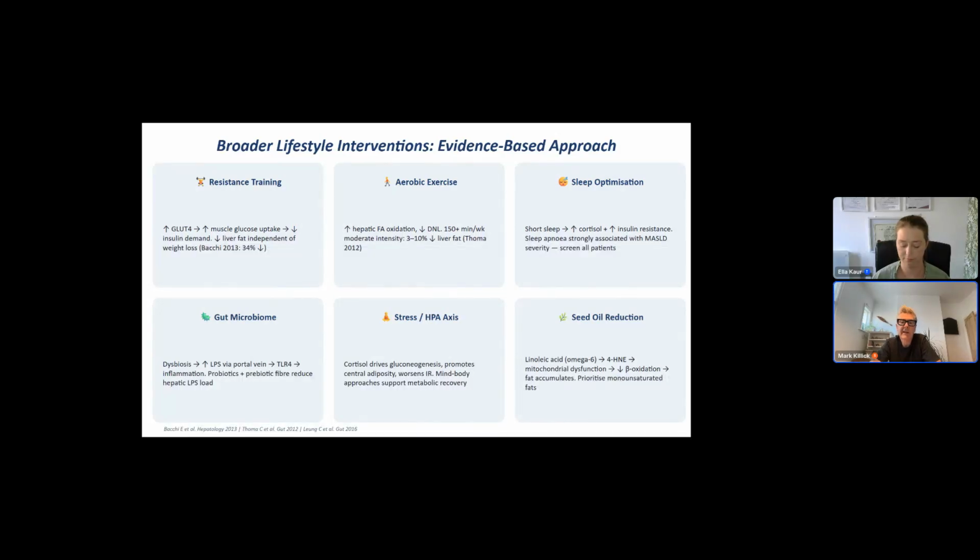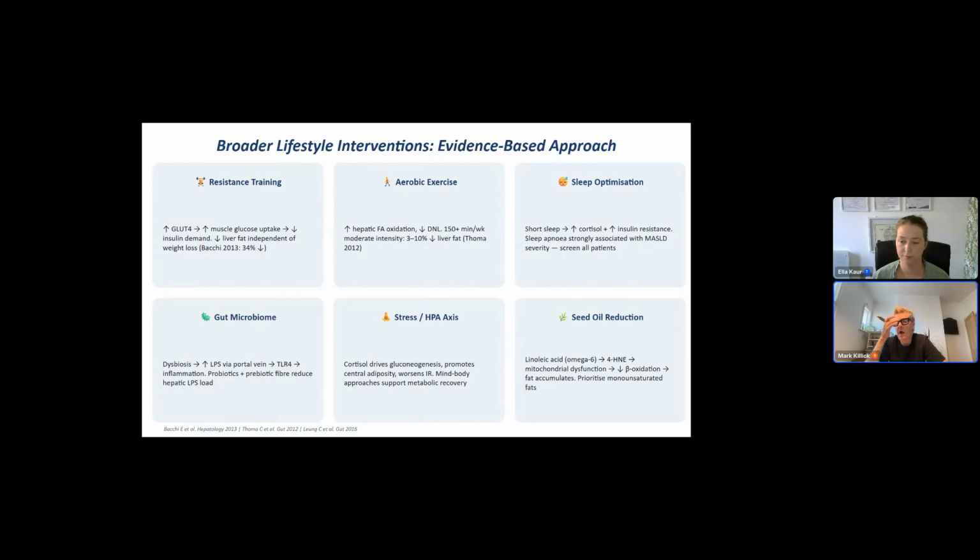Also, the HPA axis matters. It drives that hepatic gluconeogenesis, so the production of new glucose will promote central adiposity, visceral fat laying down. So once again, this is where we can use adaptogenic support for cortisol production. We can also use stress reduction techniques with our clients as well.